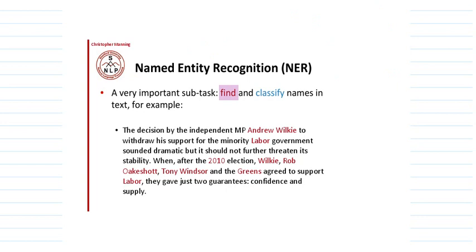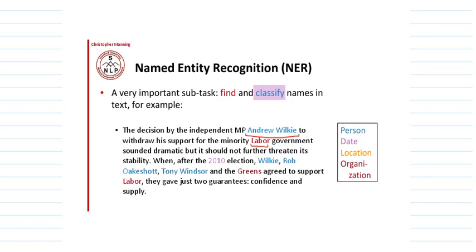So we see that Andrew Wilkie is a person name, right? This is an organization. This is a person name. This is an organization, and these are again person names. And this is a date.